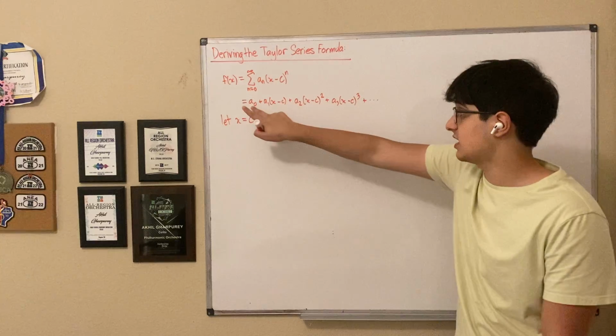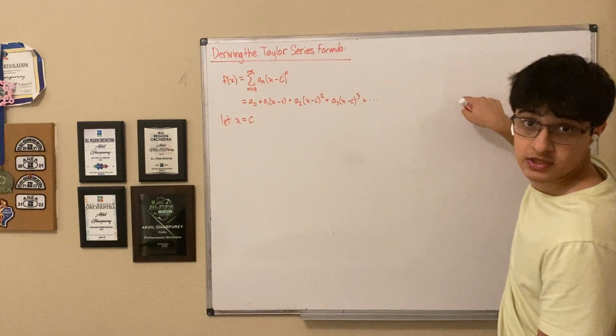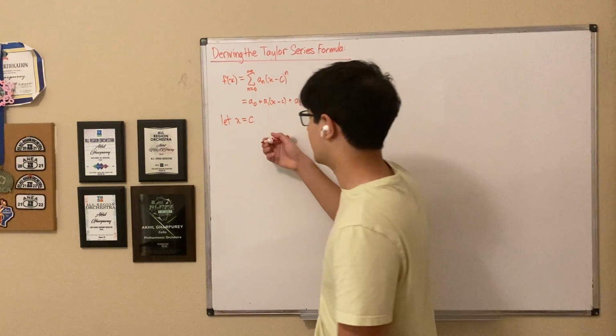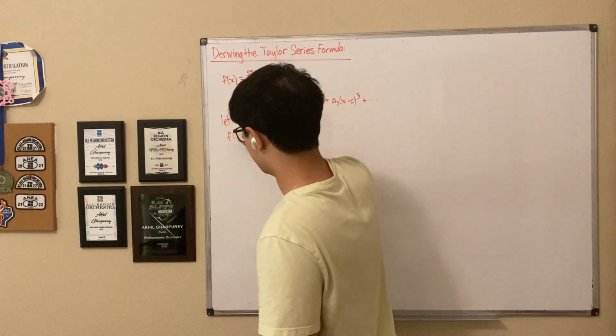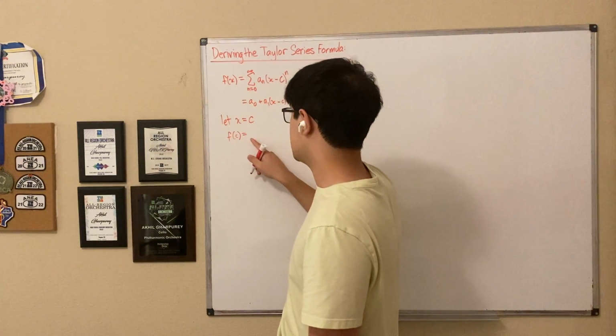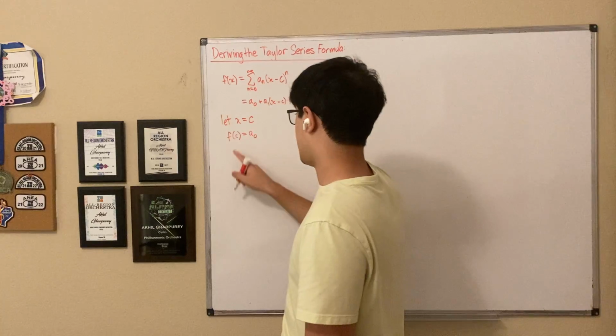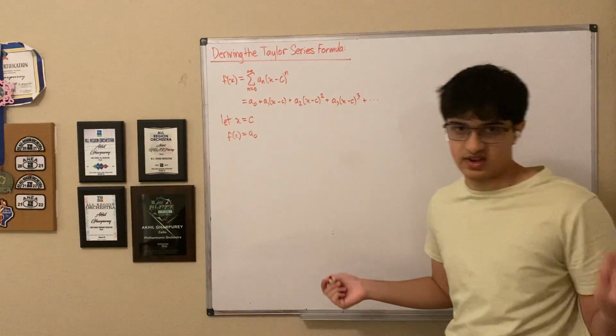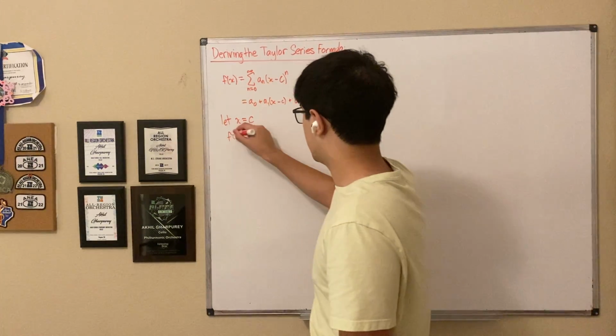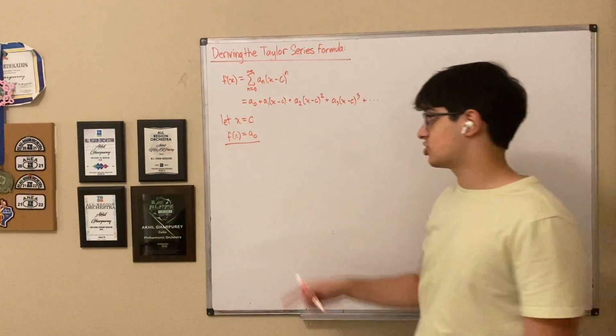So we're just getting a sub 0 plus an infinite sum of zeros, and we all know that's just going to be a sub 0. And so f of c is going to be a sub 0. And this is just the function evaluated at c. So that's pretty much our first term, a sub 0.